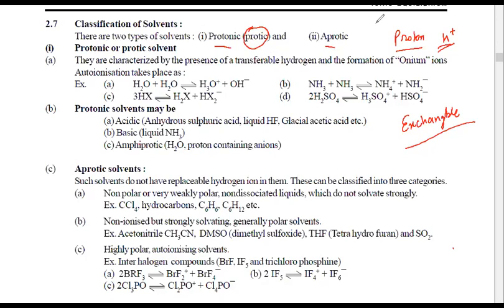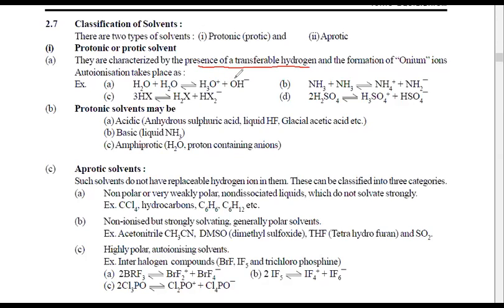Now let's see. Protic, or protonic solvent. If we have the presence of transferable hydrogen or exchangeable hydrogen, then the solvent is called a protic solvent. Got it? Or it is written as polar protic solvent. Anyone have any issues?